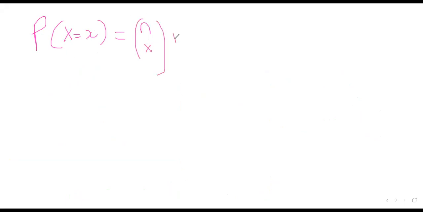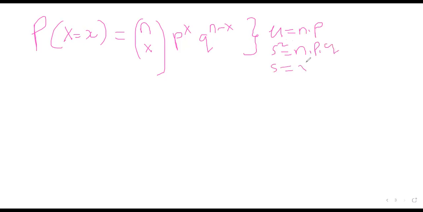On the P, put the X. On the Q, put the difference between X and N. You also need to know that the mean is simply given by N times P. The variance is given by NPQ. And the standard deviation is given by the square root of NPQ.